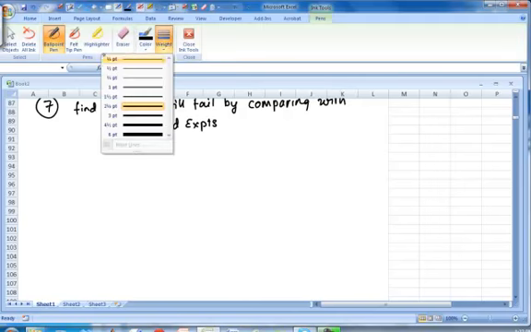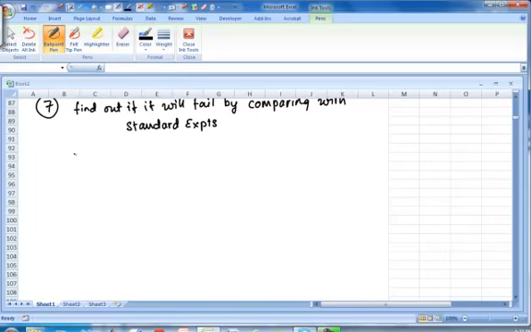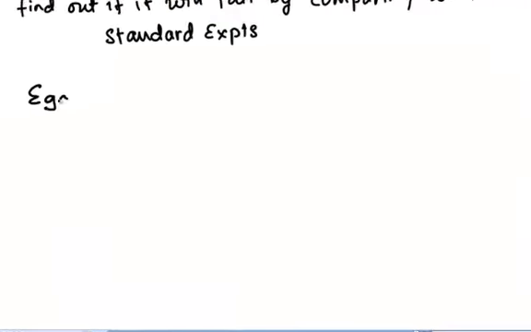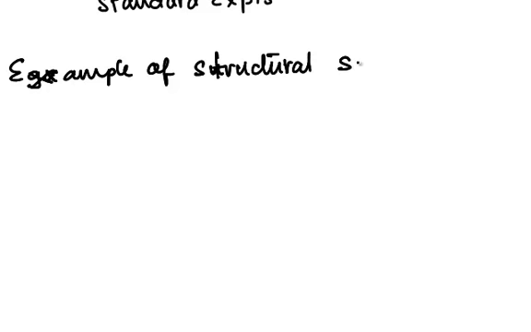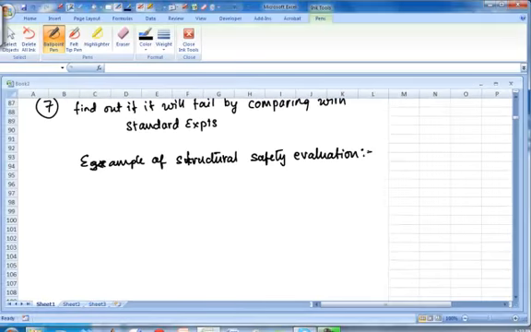So let me make sure that everything is okay. So I'm going to look at an example of structural safety evaluation. Okay, so what do I want to do? I want to look at a sample problem.